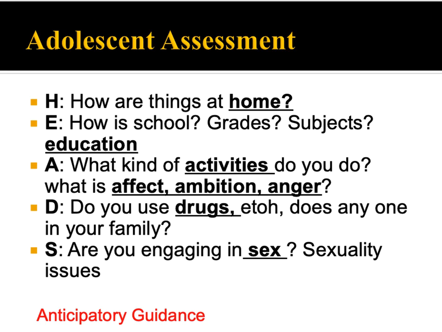And again, I mentioned that on the previous slide. Do you use drugs? Do you drink alcohol? Does anyone in your family? And then S is sex. Are you engaging in sex? Are there any sexuality issues? And with adolescents, you've got to be really specific.